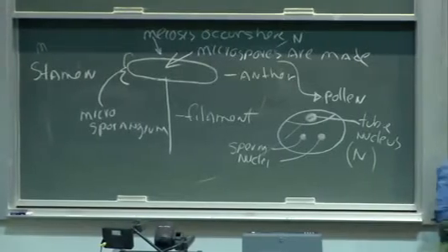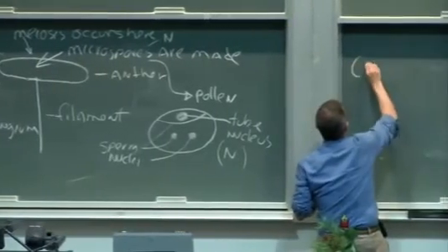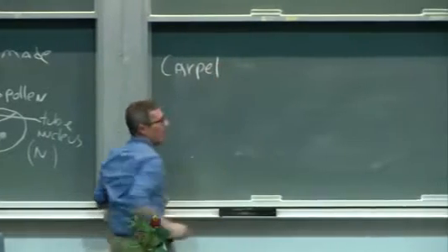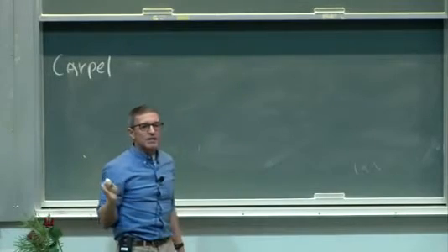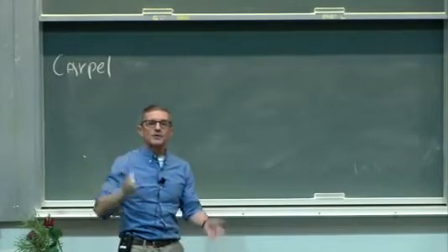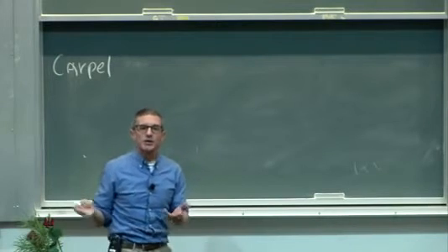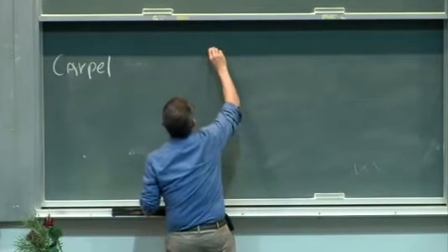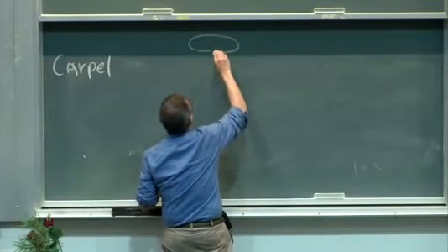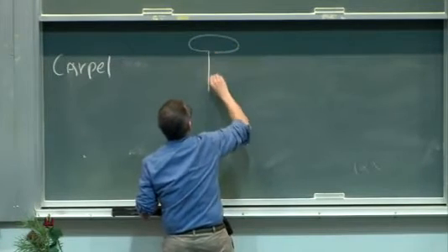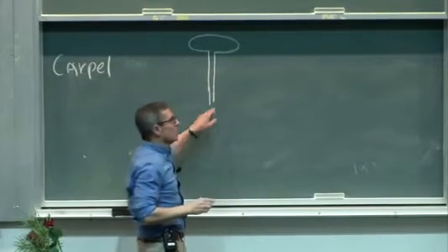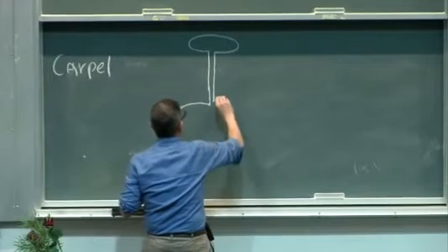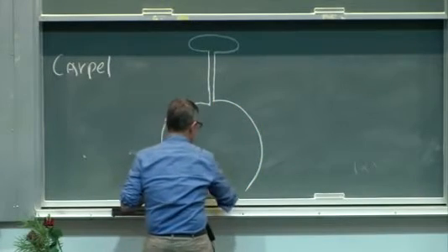Let's talk about where the pollen goes by looking at the carpel. That is the site where the female gametophyte is made. A typical carpel, again, I'm going to generalize, consists of 3 parts, which are often of different lengths and different shapes, but we're going to make a general one for you. It consists of a flat, or sometimes swollen top, which then has underneath it a filament-like structure, which then connects to a swollen base.